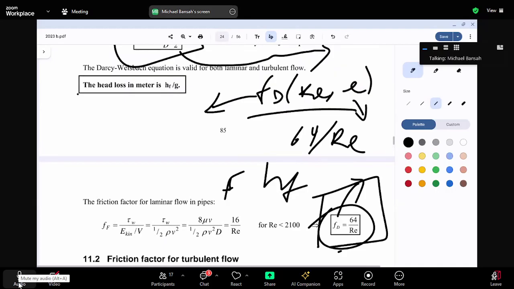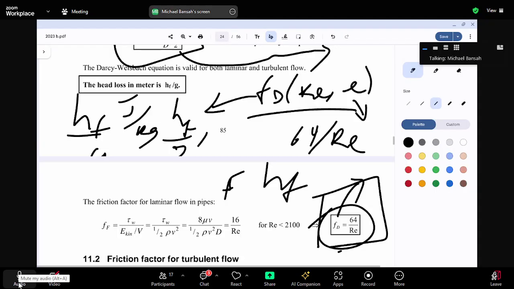Now, let's remember that when you calculate HF, it is in the unit joule per kilogram. You can be asked to write it in the form of head, in meters. Just divide your HF by gravity, and you get it in head, meters.